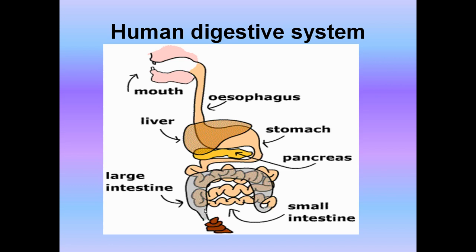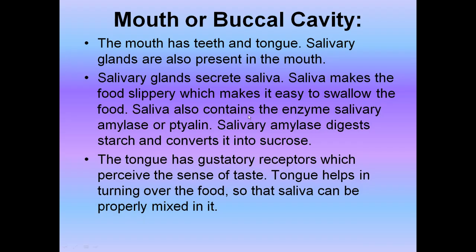So, moving to the first part of the alimentary canal, that refers to the mouth or buccal cavity. It comprises teeth and tongue. Along with teeth and tongue, we have an associated gland, that is the salivary gland.